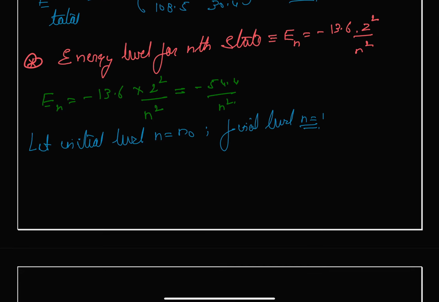Therefore we can write that our delta E will be equal to our ground state and our n naught state.